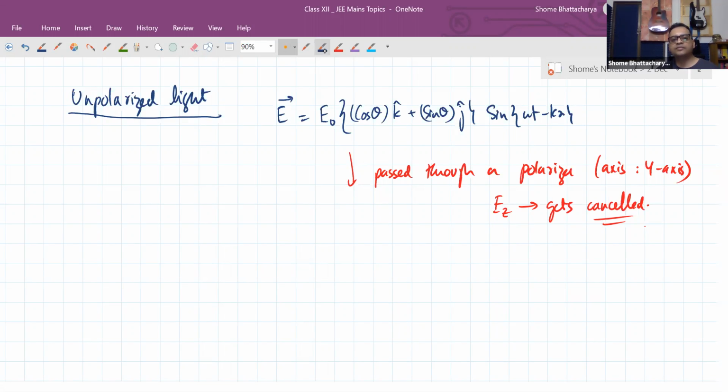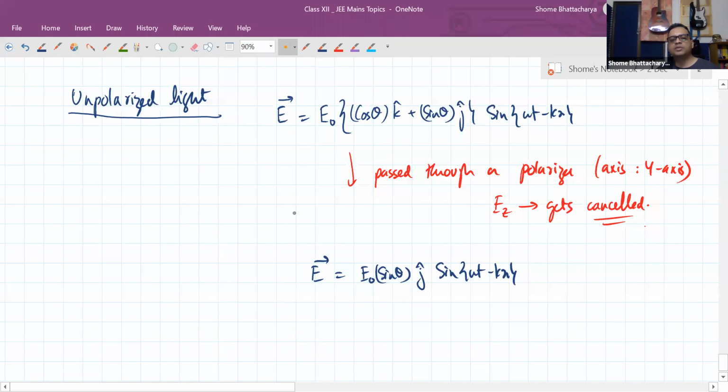What we are left with then is E naught sin theta j cap into sin omega t minus kx. Now remember that theta is very rapidly varying. It does not vary with any particular frequency or anything.